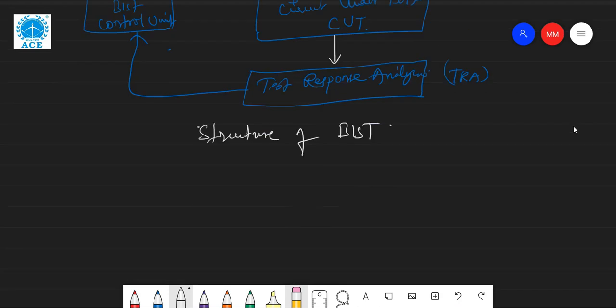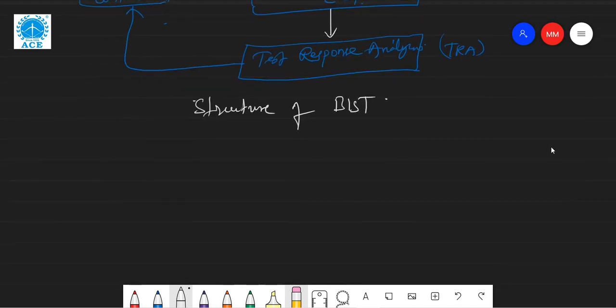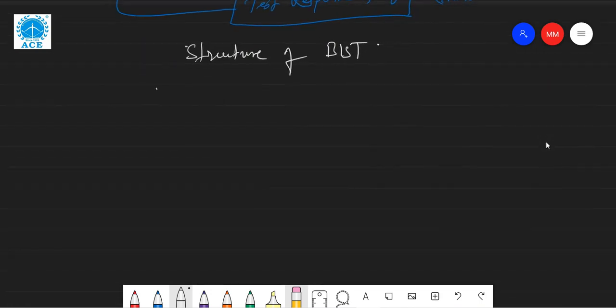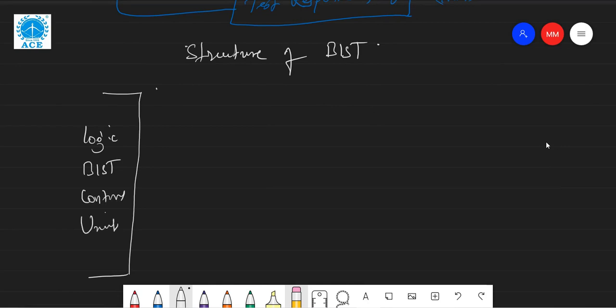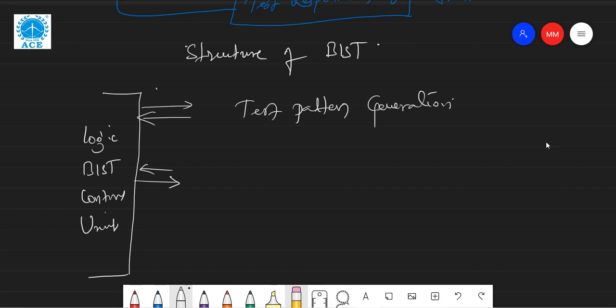So which means, for a control unit, if I take it in another fashion, say a logic based control unit, then this will be taken as test pattern generation, and after this we have CUT, circuit under test.